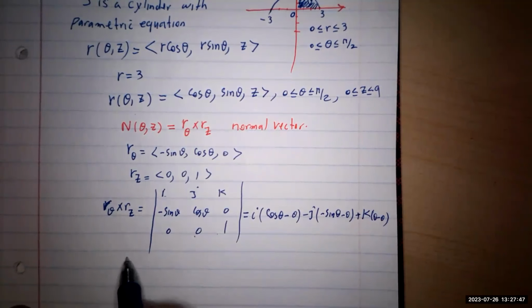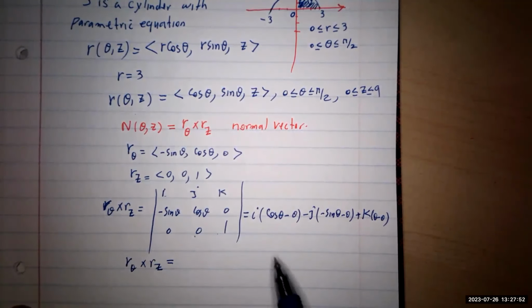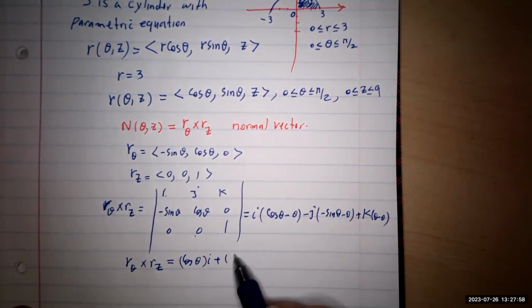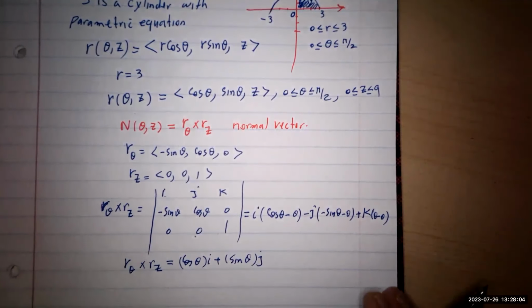So your normal vector, r theta cross r z, is equal to cosine theta times i plus sine theta times j. That gives you the normal vector.